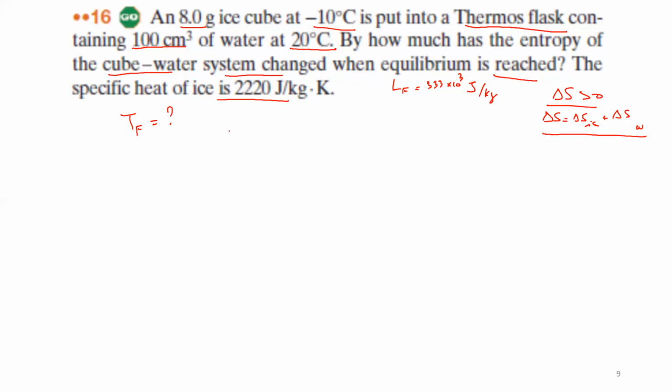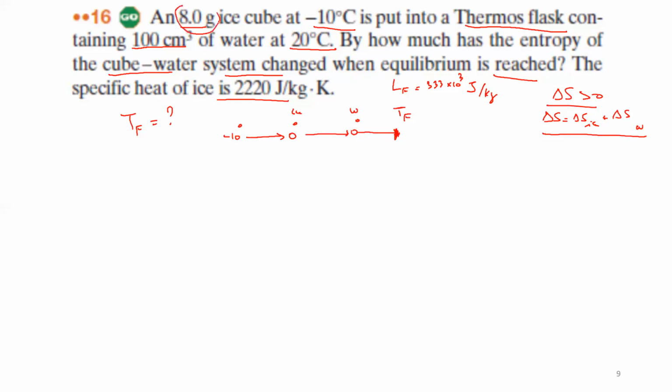So you say that heat absorbed. So of course, the ice will go from minus 10, then it goes to 0 ice, then 0 water, then it will end up at T final. Well, this T final will be, of course, between 0 and 20 degrees Celsius. I know this because I did the calculation before.